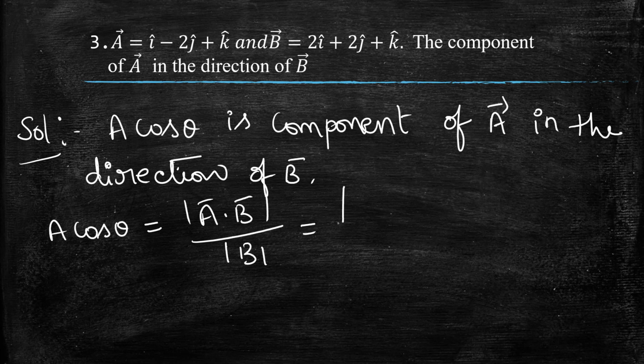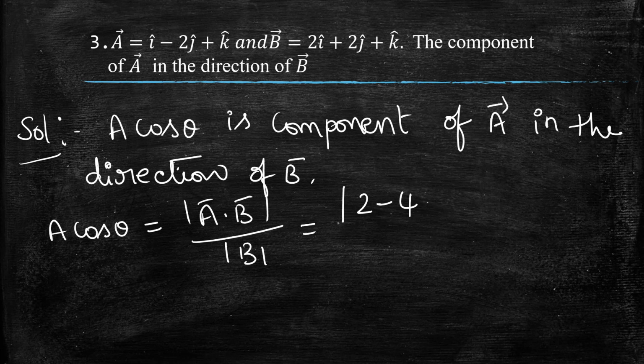A bar dot B bar: here i component 1, here i component 2, 2 ones are 2; here minus 2 plus 2, minus 2 twos are 4; here 1 and here also 1.